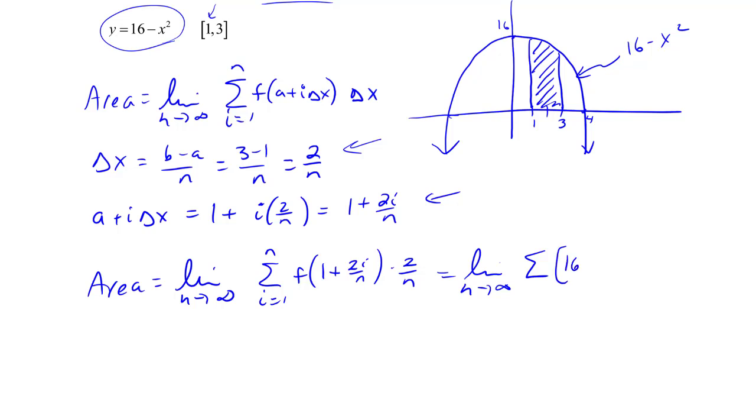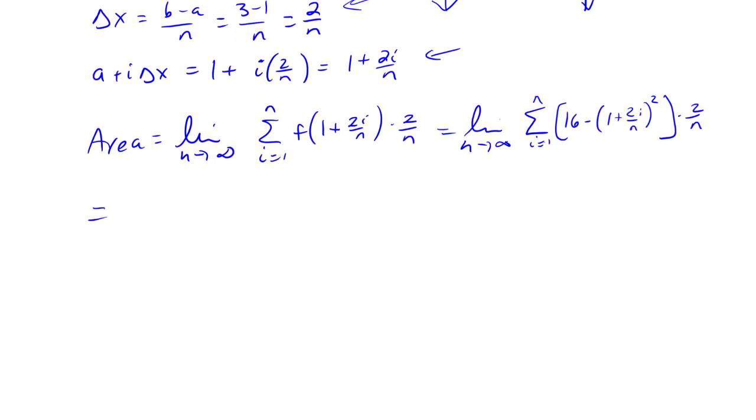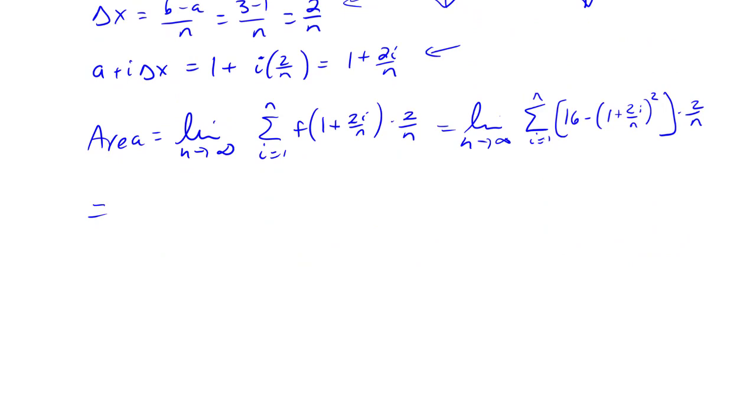So we're really talking about 16 minus 1 plus 2i over n all squared, then times 2 over n. This is the sum i equals 1 to n. Okay, so we have to work out quite a bit here algebraically. Be the limit, the summation i equals 1 to n of 16.